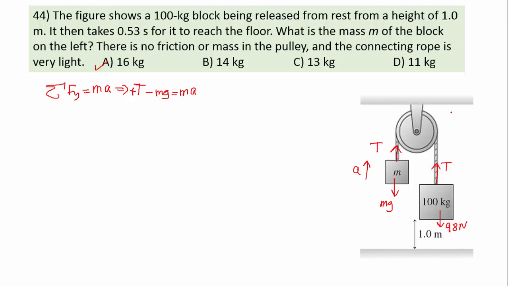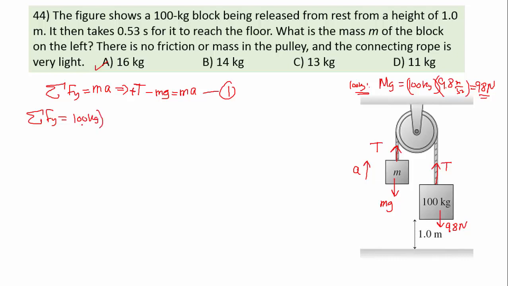Okay, this came from mg, which is 100 kilogram times 9.8 meter per second squared, which will yield 98 Newton. That's the weight of the 100 kilogram mass. Okay, now let's go ahead and apply Newton's law on the 100 kilogram. So we have equation number 1 here. In equation number 2, we'll apply the sum of the forces in the y direction equal to the 100 kilogram times A.